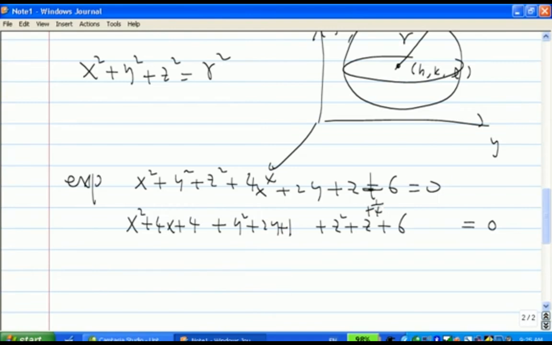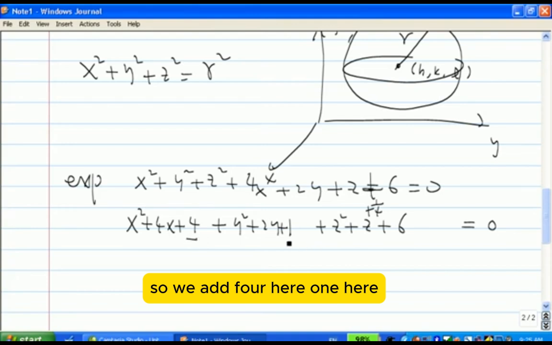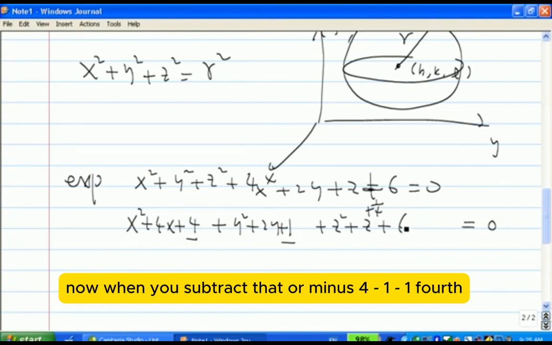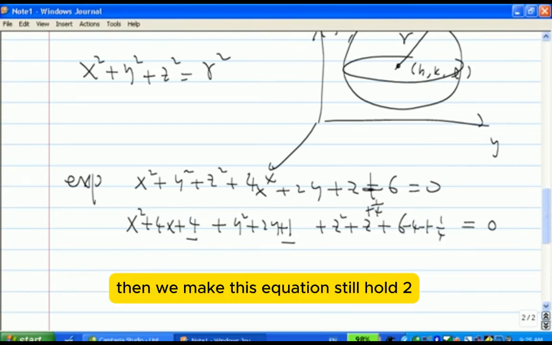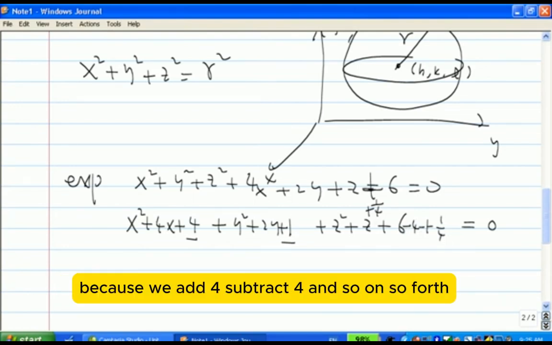So we add 4 here, 1 here, 1/4 here. Then we need to subtract that, or minus 4, minus 1, minus 1/4. Then this equation still holds true because we add 4, subtract 4, and so on.